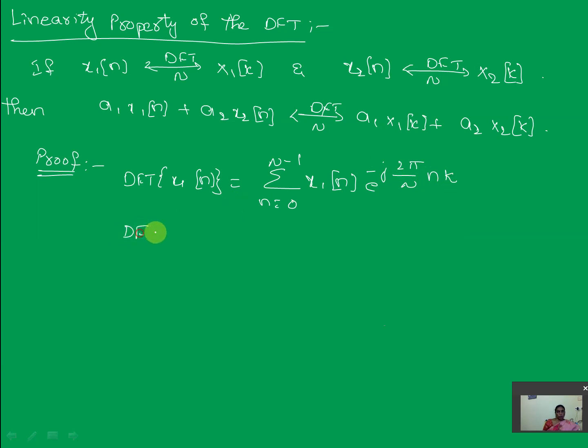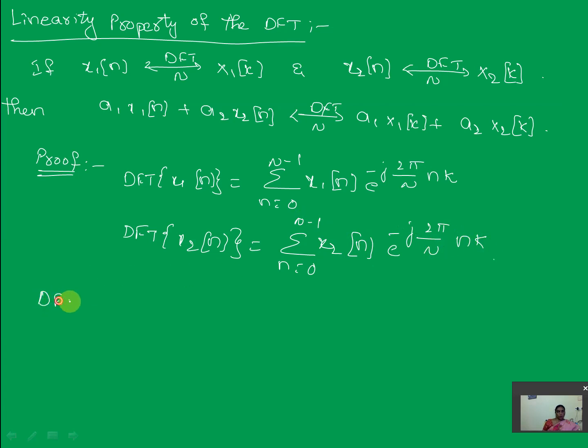Then take another sequence: summation n equals 0 to N minus 1, x2 of n e power minus j 2 pi by N nk.